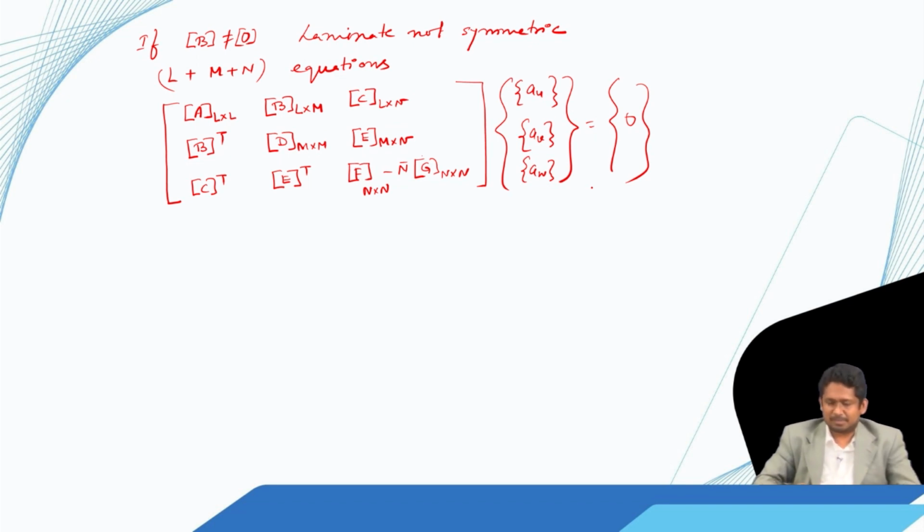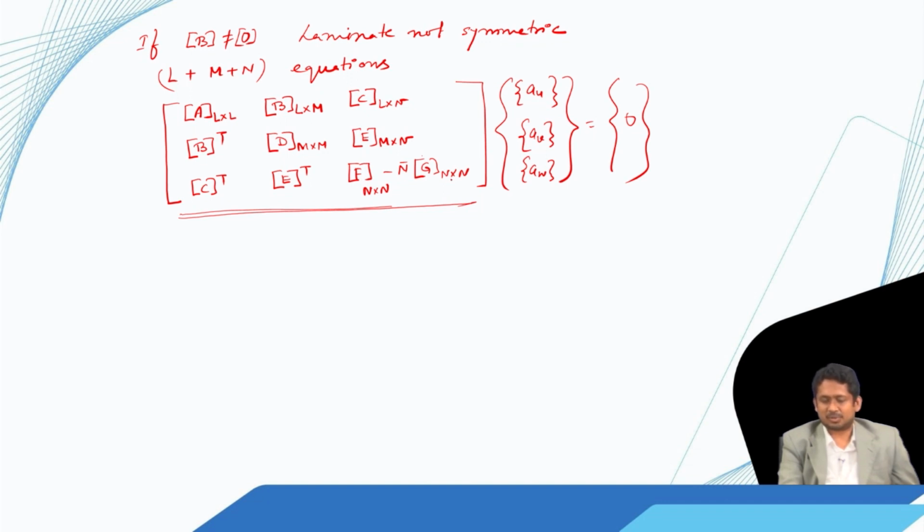Now, in this problem a trivial solution is AU, AV and AW equal to 0, but that trivial solution we do not want, as it will not give us buckling. So, for a non-trivial solution to exist, the determinant of this should be 0. If I set the determinant equal to 0, I can solve for n bar, and those n bars are the buckling loads.